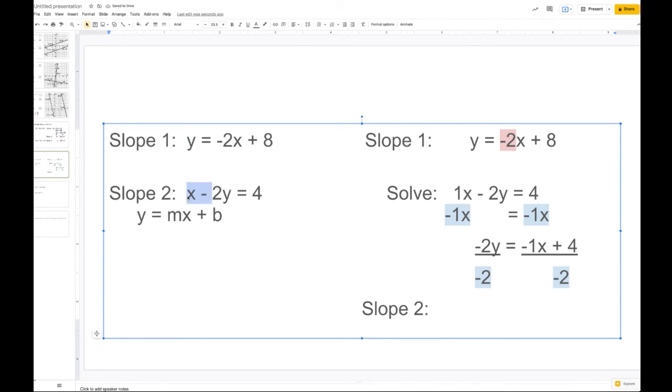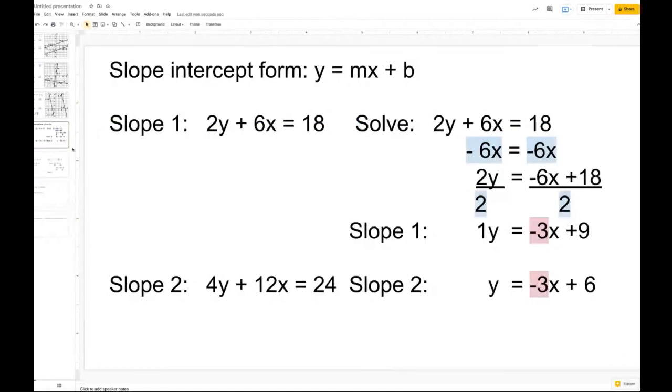And now you have to solve this one, right? To solve for this one, a lot of students get confused with x. So what you can do is put a 1 there if you want to. And to solve for y, for the slope form, you have to get rid of 1x.